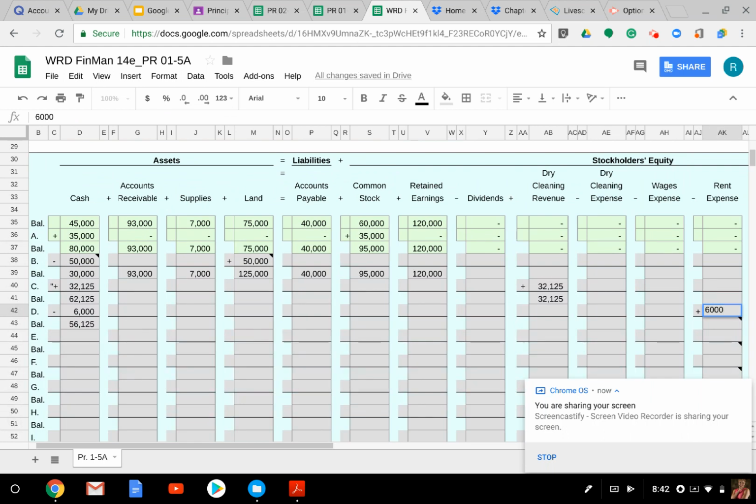And this is our only transaction here, so this is our balance, $6,000. Did I do something wrong? Paid rent. Am I on the right line? Yes. Okay, going back across.